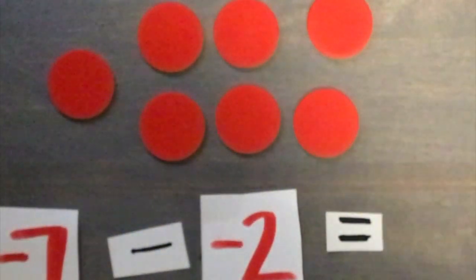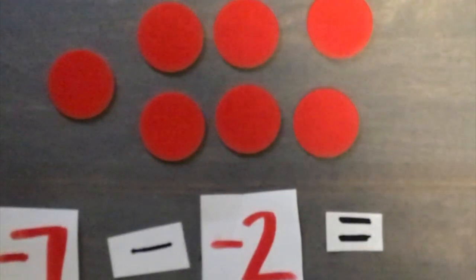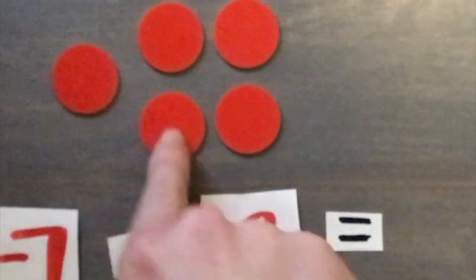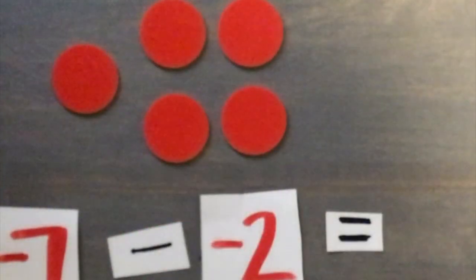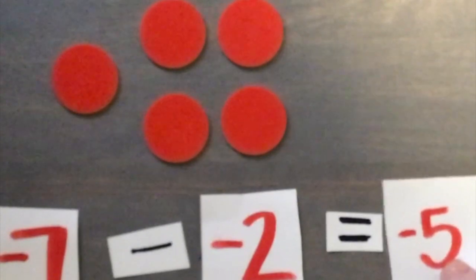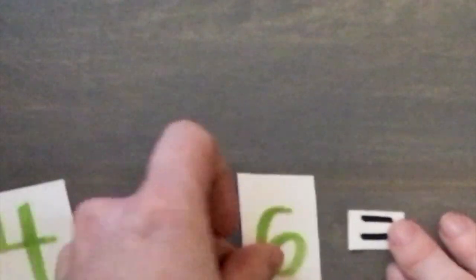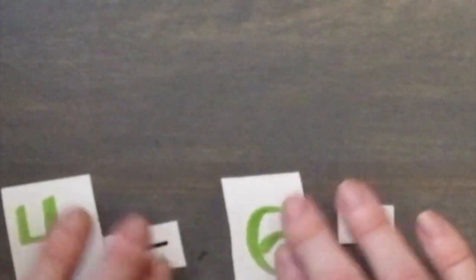So I have negative 7, and I want to subtract negative 2, meaning I'm going to remove 2 negatives. When I do that, I'm left with 1, 2, 3, 4, 5. Therefore, negative 7 minus negative 2 is equal to negative 5. Awesome. Let's try maybe a not so classic subtraction problem. Let's do positive 4 minus positive 6.